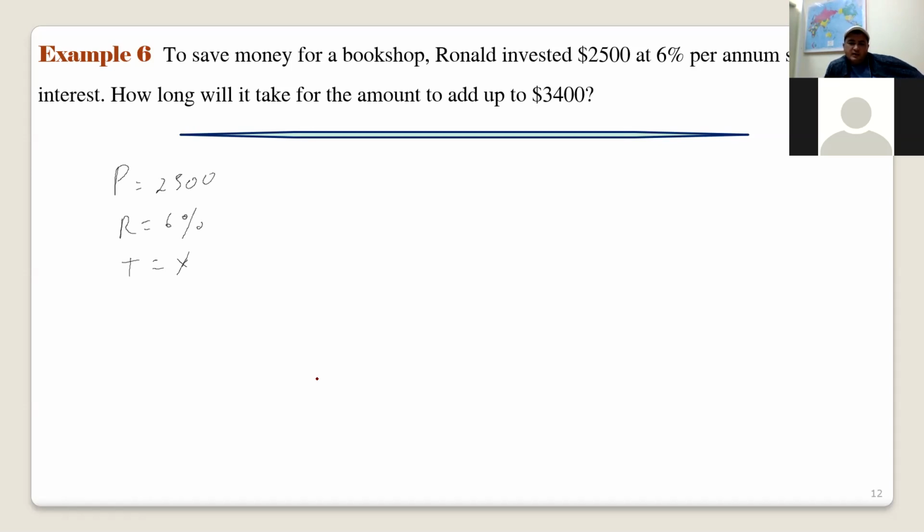Okay, we don't have to write X, just keep it as T. T equals question mark. And capital A is because it says how long will it take for the amount to add up to 3,400. So that's capital A, right? Amount equals 3,400.